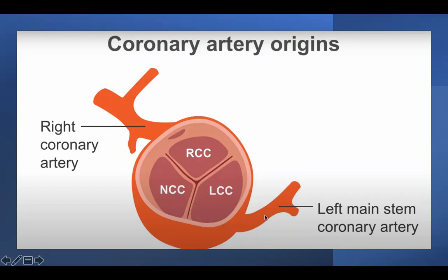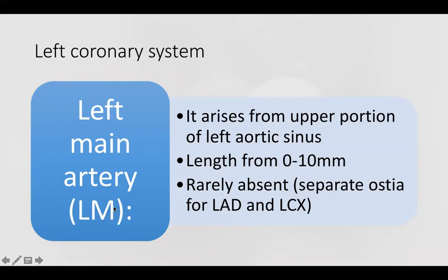The one that gives the left coronary is the left coronary cusp. The one that gives the right coronary artery is the right coronary cusp. And the one that is not related to any coronaries is the non-coronary cusp. So the left main artery arises from the upper portion of the left aortic sinus, in relation to the left coronary cusp.